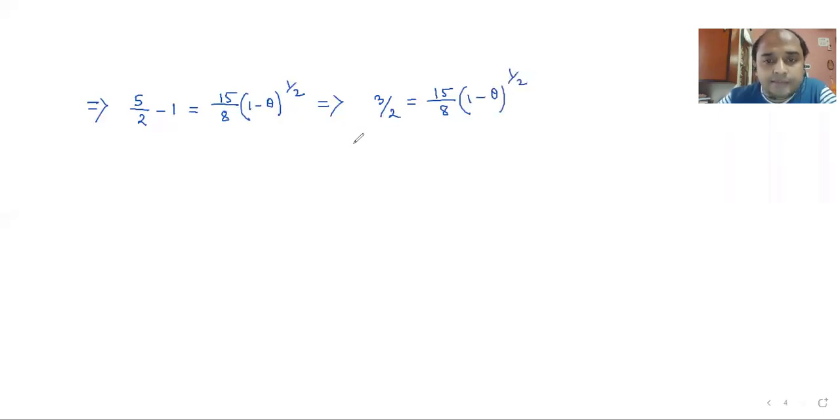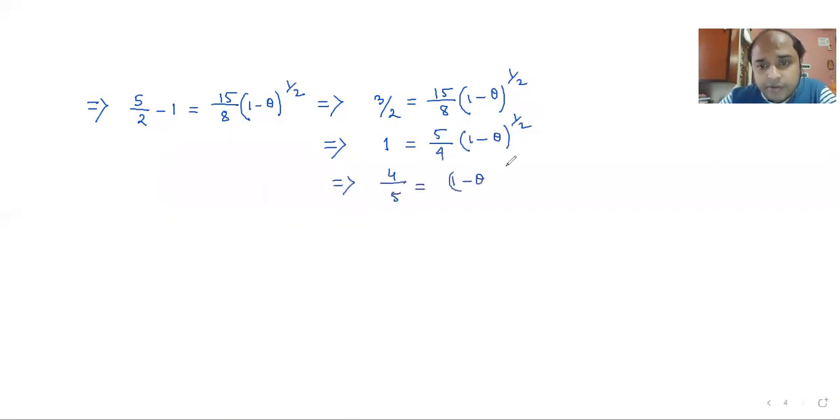And this we can write as 1 is equal to 5 by 4, 1 minus theta to the power half, or we can write it as 4 by 5 equals 1 minus theta to the power half, and we can square both the sides.